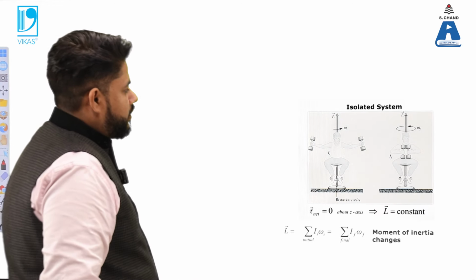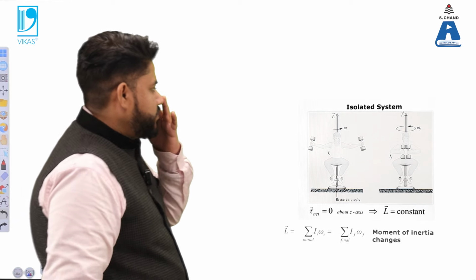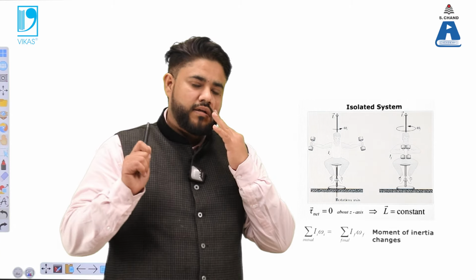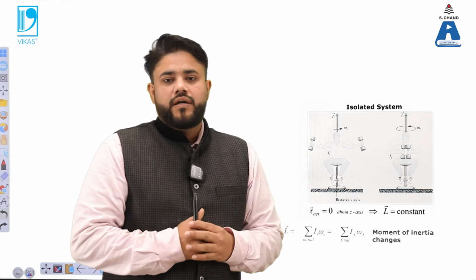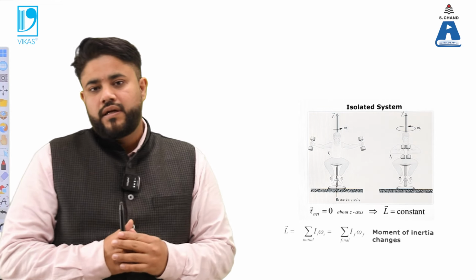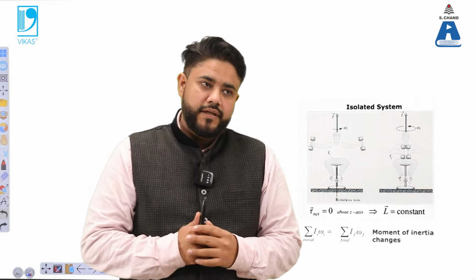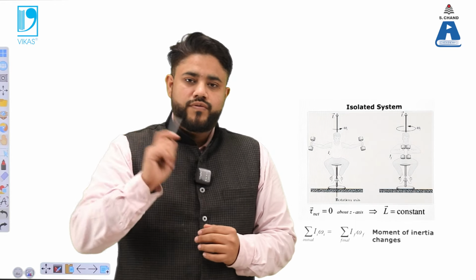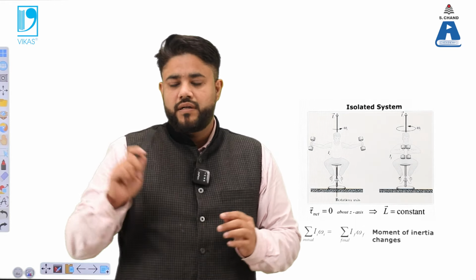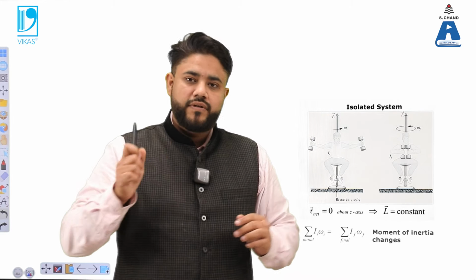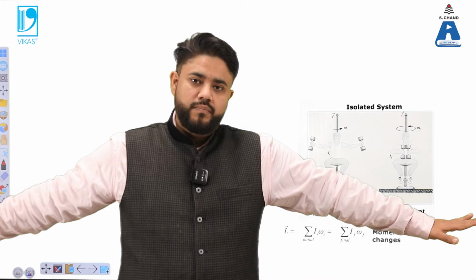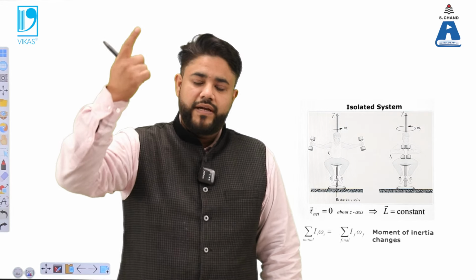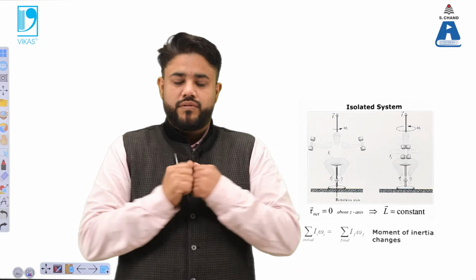Now, another case of an isolated system. You might have seen the Shaktiman serial. It was there in the early 90s, and it was shown that when the character moves in a particular direction with both arms open, and when that character takes flight, the arms are closed like this.